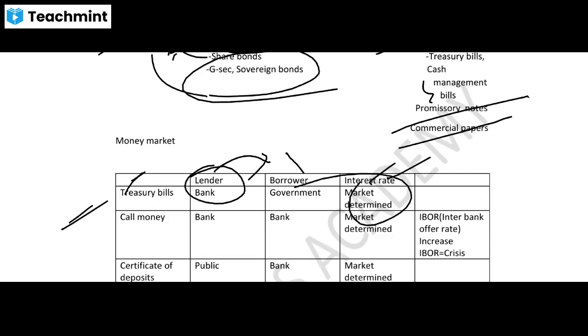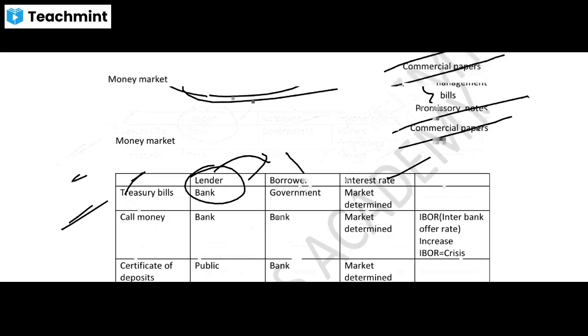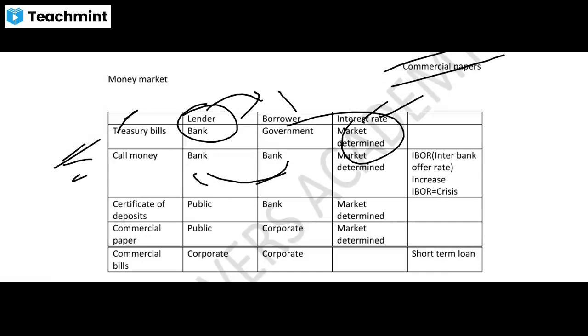Similarly, in call money, the transaction happens between banks. One bank will lend the money and another bank will get the money by issuing call money. So generally it is a short-term market, and the interest rate is determined by the market. Another concept attached to it is the interbank offer rate.